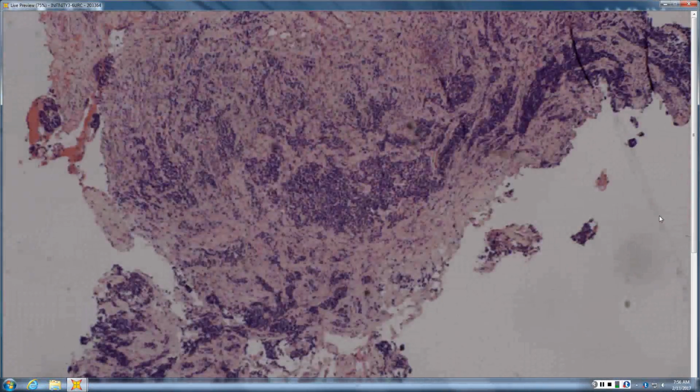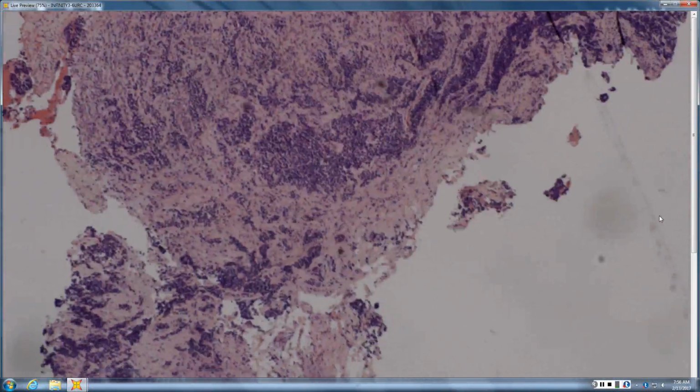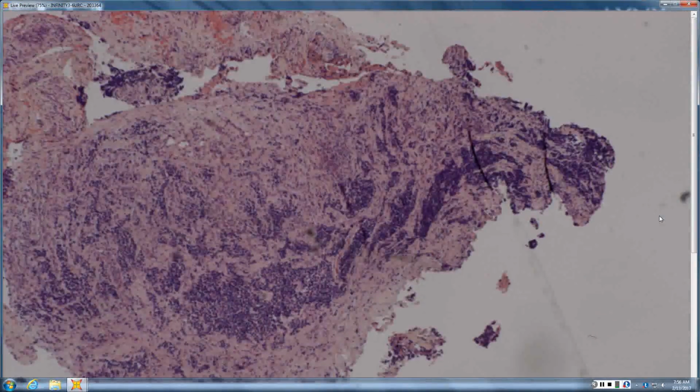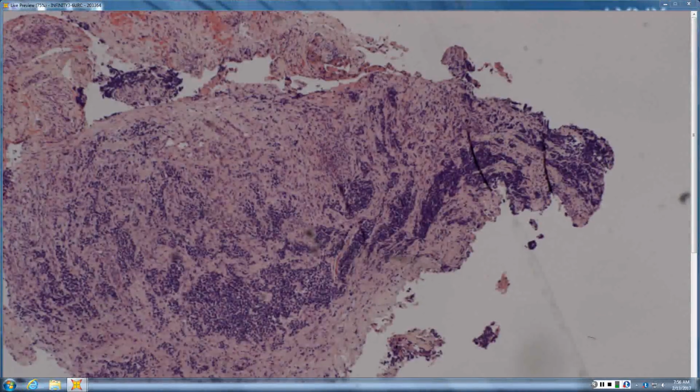A deeper cut here. Looks like lots of almost lymphs, but a lot of them look like they have crush artifact peripherally, which usually suggests that it's a malignancy of some sort. Things like lymphomas do that. Yeah, that'd be where I'd be concerned. The center kind of has a little bit of the trabecular pattern you might see with Merkel.